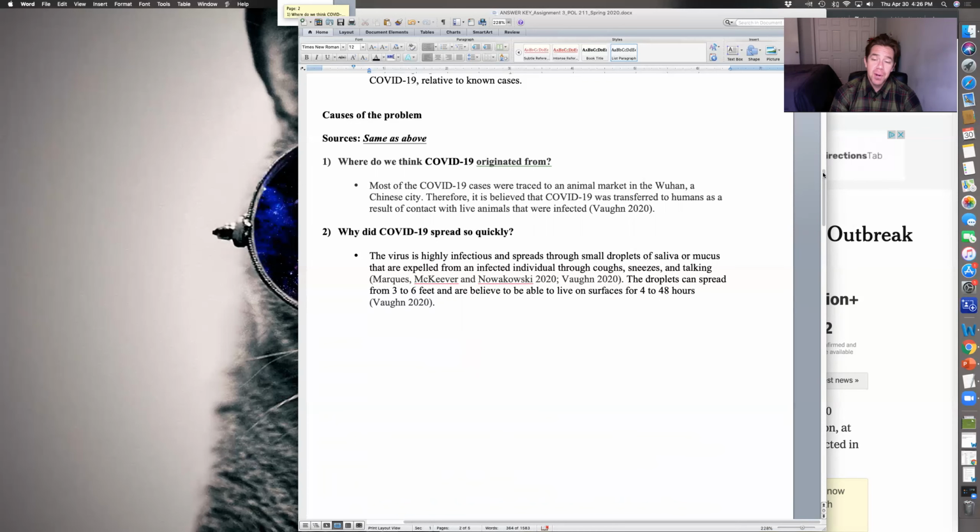It spreads through small droplets, saliva, mucus, which of course is released when we cough or sneeze, but even when we talk. And this research is continuing to grow to understand how long these tiny droplets stay in the air, because we're talking about aerosol-sized droplets, really tiny droplets, not like water droplets like the rain, but stuff that can float in the air.